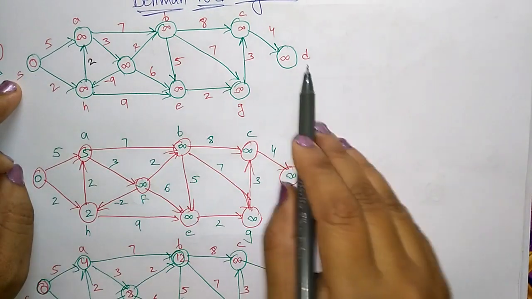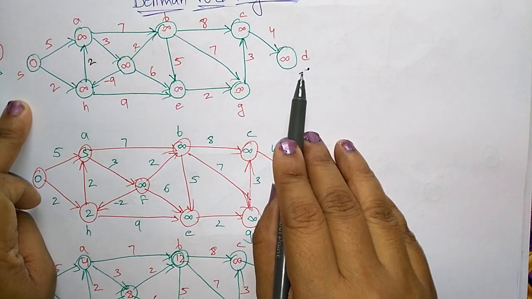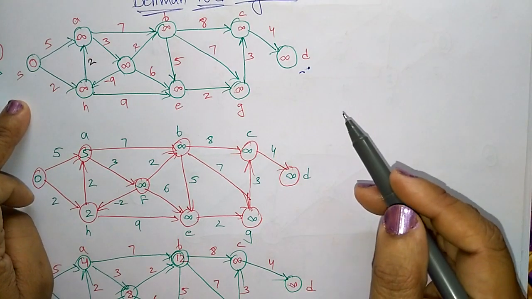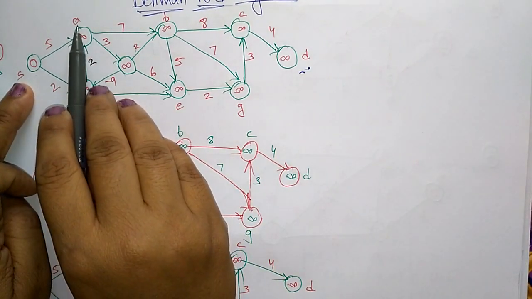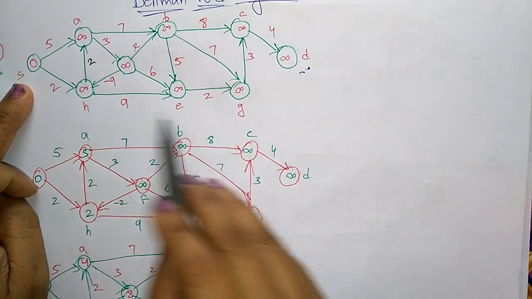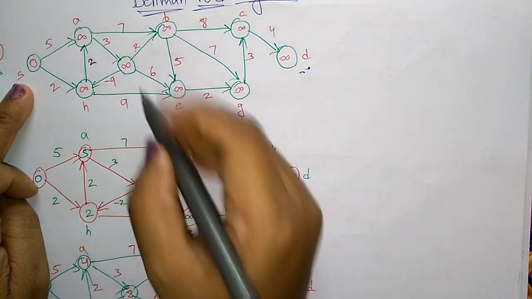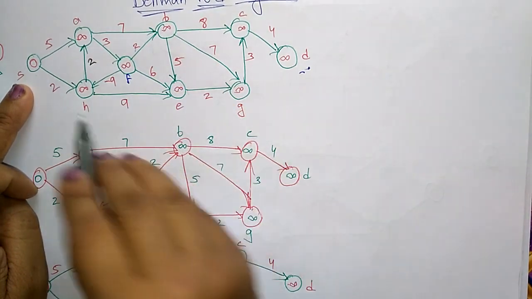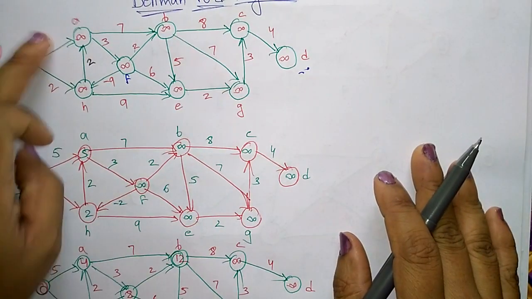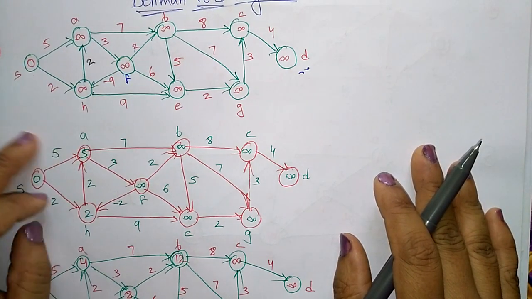S is the source and D is the destination here. The vertices are named A, B, C, D, E, F, G, H. These are the vertices and their values in the weighted graph.